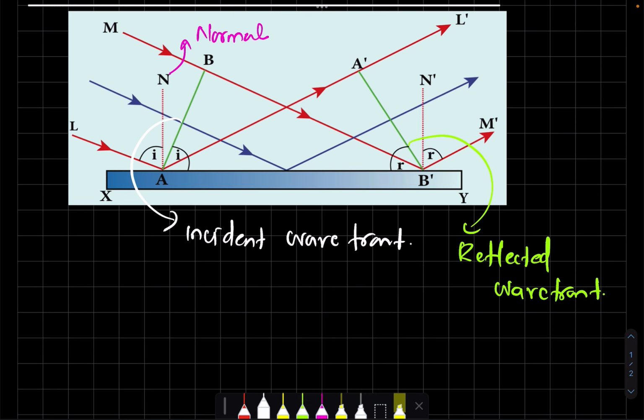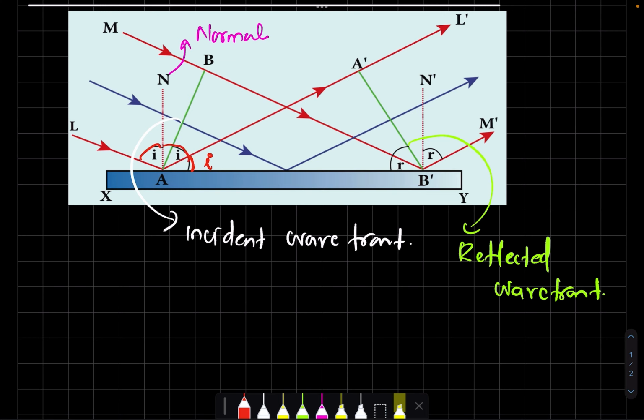Now we are going to talk about how the laws of reflection work by using Huygens principle. It's very easy. This angle is equal to angle I. If that is angle I, you can see that this angle is also I. Why?